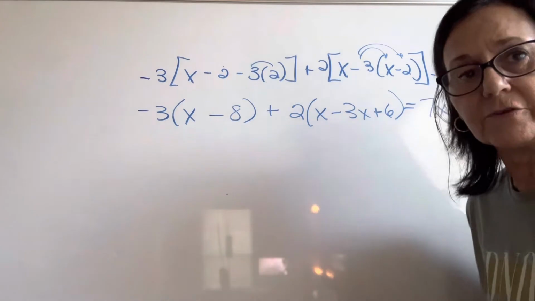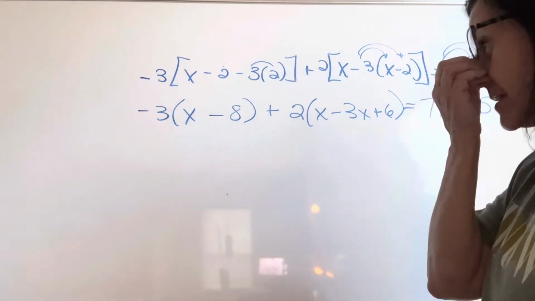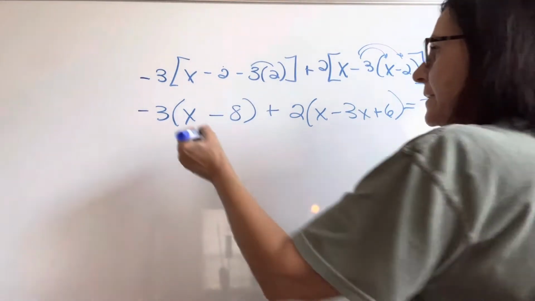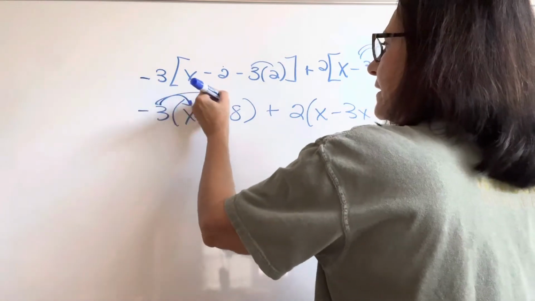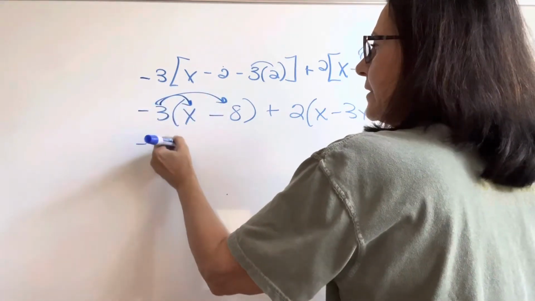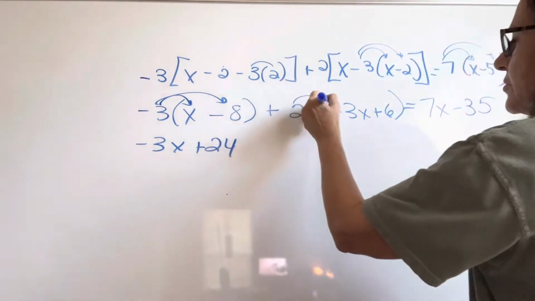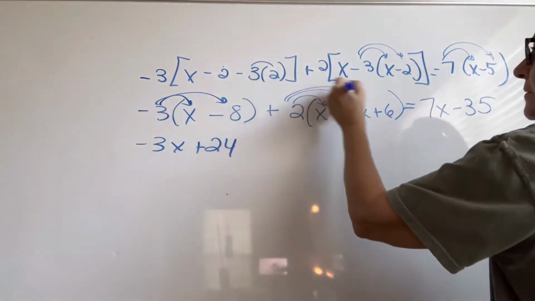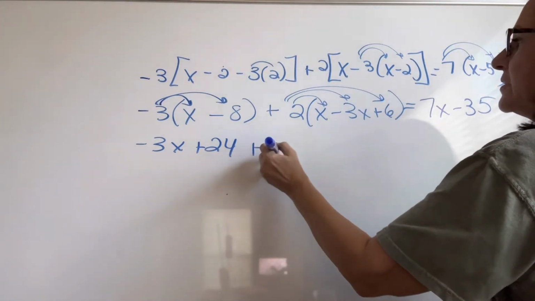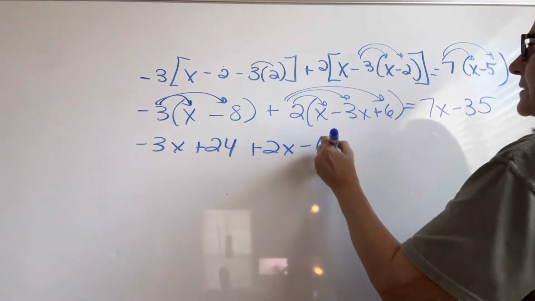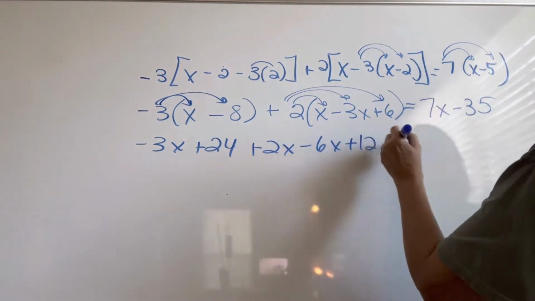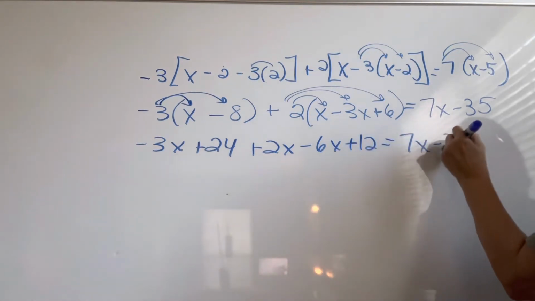I can go ahead and distribute the numbers outside the parentheses so we can eliminate the parentheses. So distributing the negative 3 is negative 3x plus 24. We'll distribute the 2. That's plus 2x minus 6x plus 12 equals 7x minus 35.